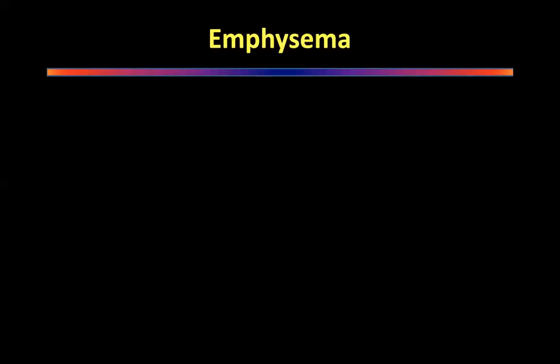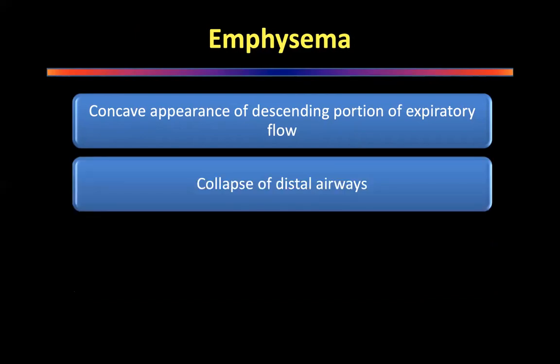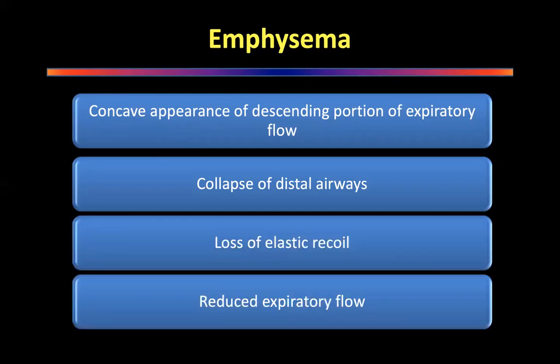So what do you get in an emphysema, in an obstructive disease? In an emphysema, the key thing is that the descending portion of the expiration, the slant of the expiration, actually becomes concave, because there is obstruction to the outflow. There is collapse of distal airway in an emphysema, there is loss of elastic recoil, and there is reduced expiratory flow.